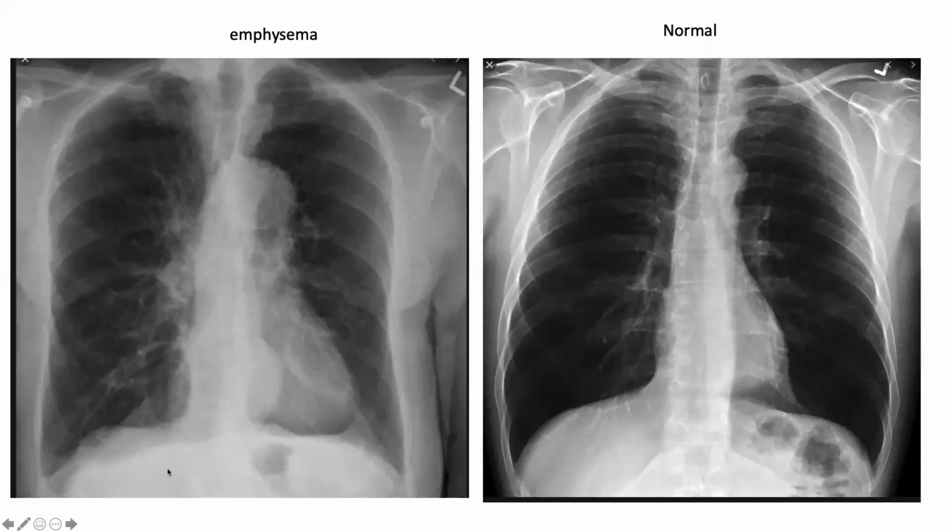Now look at the two X-rays, comparing a normal chest X-ray and those of people with emphysema. If you look at the normal chest X-ray, the diaphragm is dome-shaped here. The lungs are filled with air, and therefore they are dark in color.